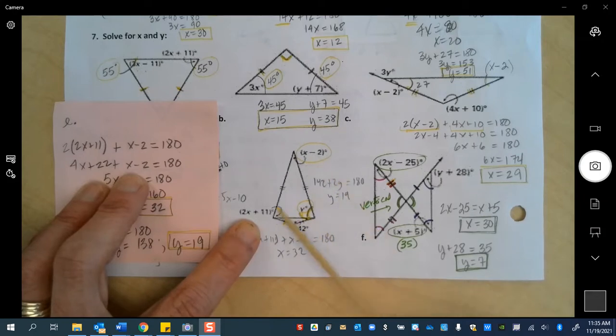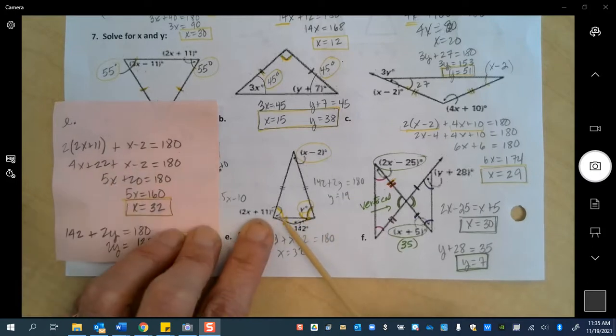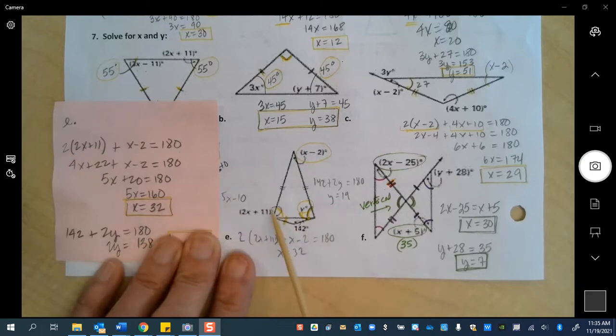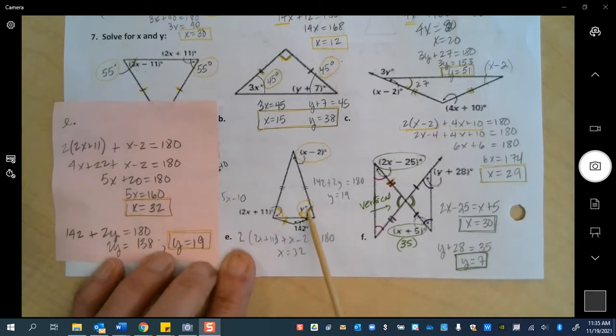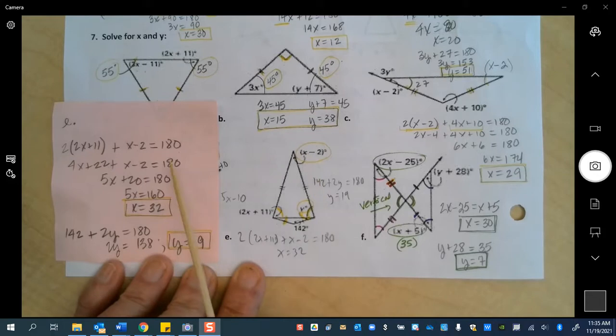So I can say that twice this angle, 2x plus 11. Oh, and by the way, y is down in here. Y is not this angle, y is this angle. So that means that this side here is also 2x plus 11. So 2x plus 11 plus 2x plus 11 plus x minus 2 has to equal 180.